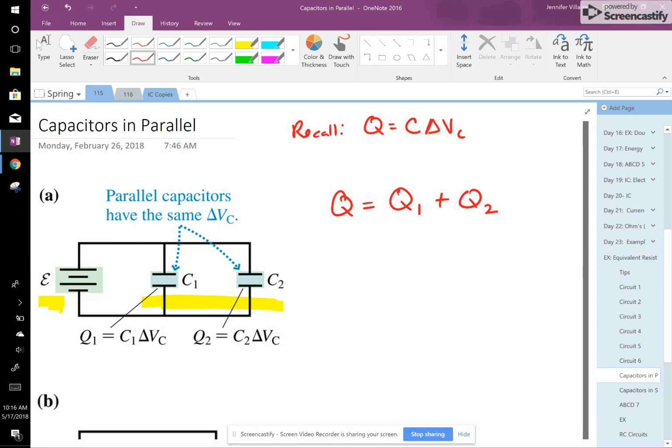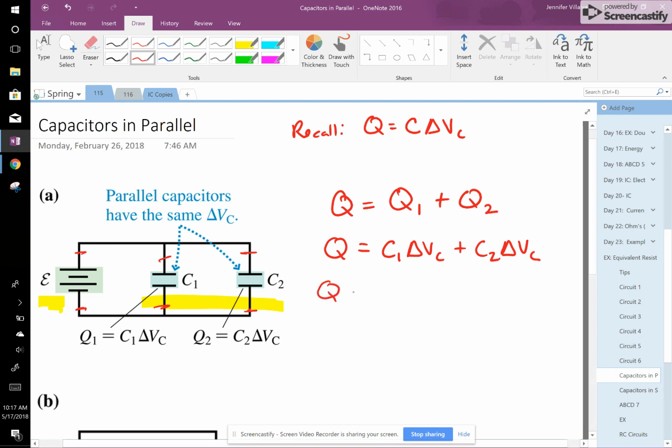And so this becomes important because then we can write equivalent expressions down here to tell you that the charge total for both of them would be capacitance 1 times the voltage drop of the capacitor plus capacitance 2 times the voltage drop of the capacitor. It's worth noting that the voltage drop of each capacitor is also the voltage drop of the battery, as all three elements are in parallel with one another.